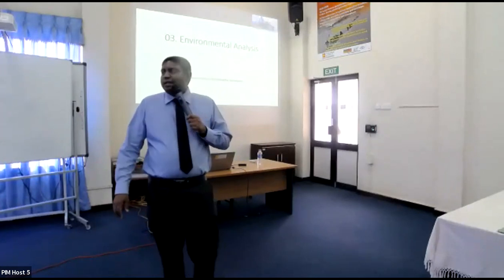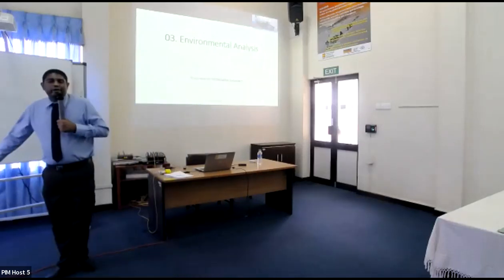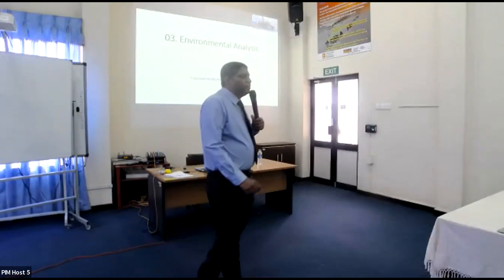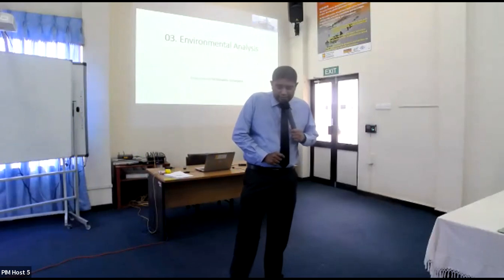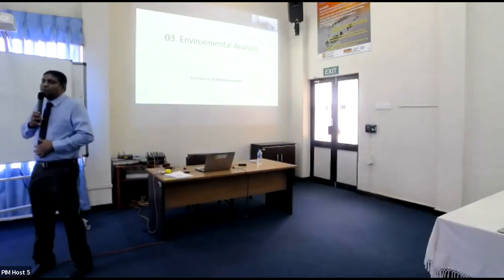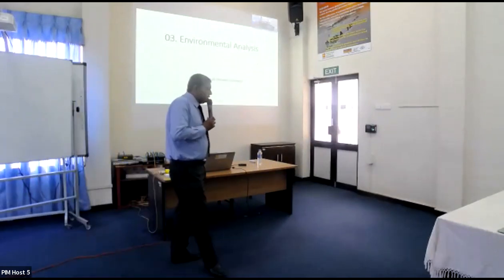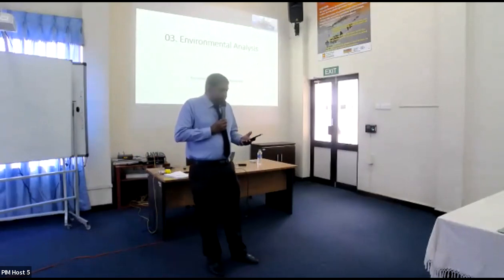Then we analyzed our environment. We divided our environment into two main components: internal environment and external environment. After we analyzed the environment, we can identify SWOT factors: strengths, weaknesses, opportunities, and threats.